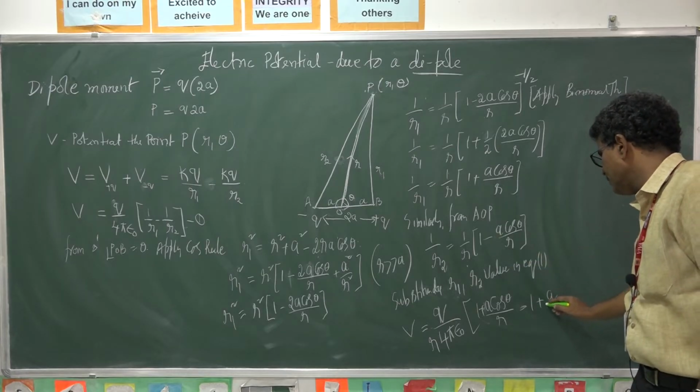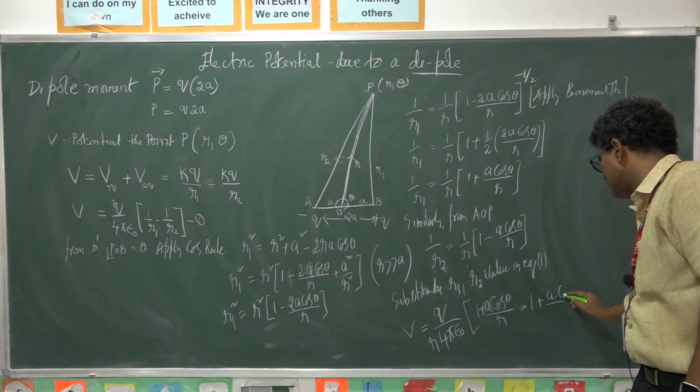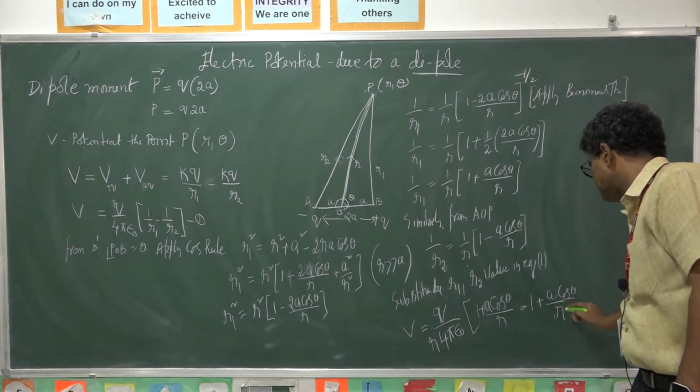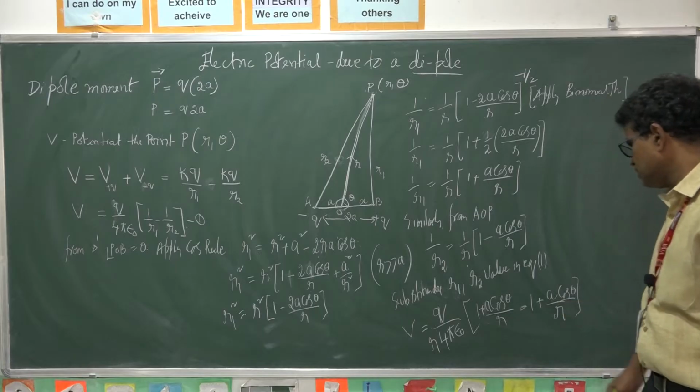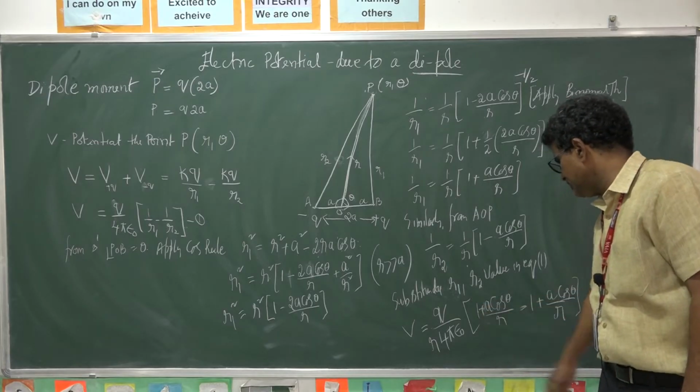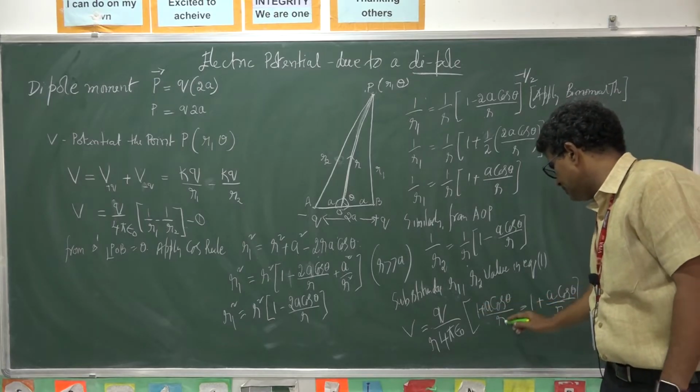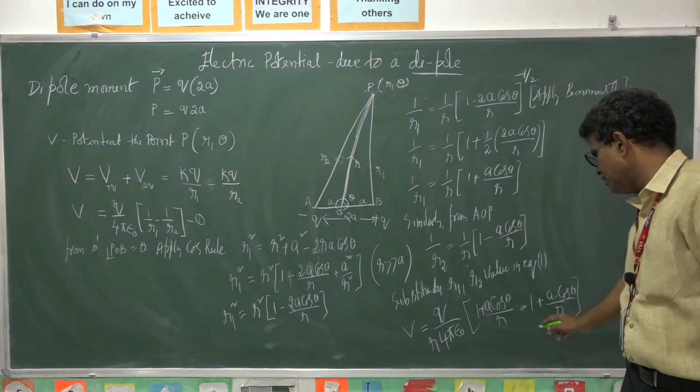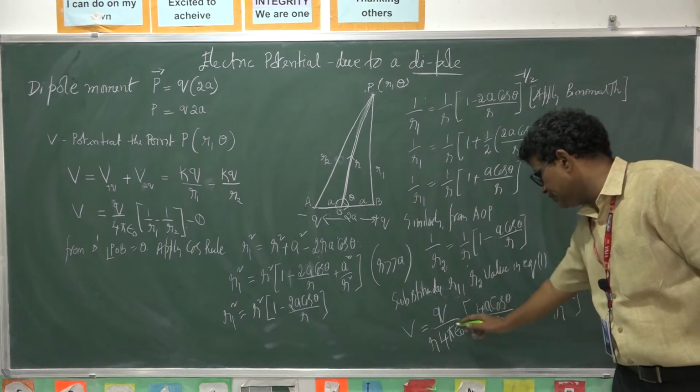So 1 minus 1 get cancelled, A cos theta by R plus A cos theta by R becomes 2A cos theta by R.